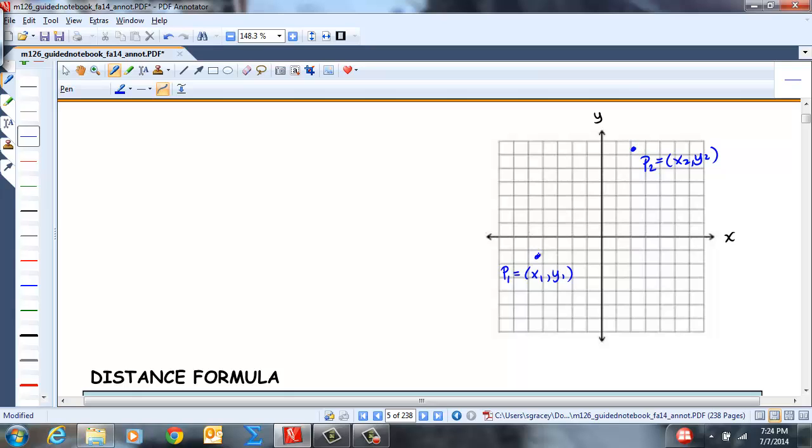So if we want to find the distance, the shortest distance is going to be a straight line. So if we want to find the distance between these 2 points, if you just kind of draw this line here, then what's going to happen is, do you guys remember the Pythagorean theorem?